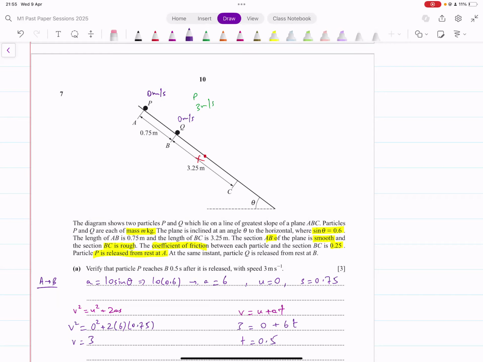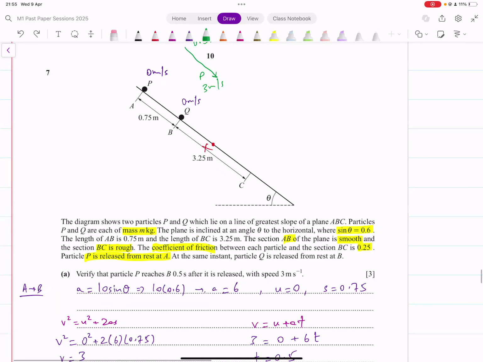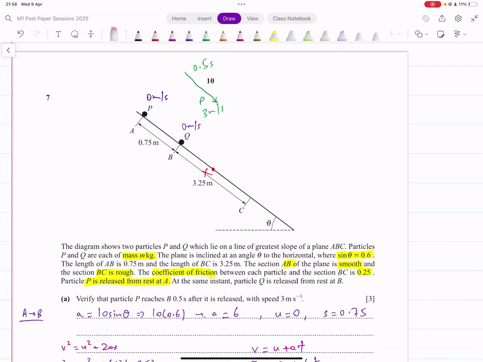Now, P has already taken 0.5 seconds to travel to this point. He has already reached this point in 0.5 seconds. But remember, the two particles were released at the same instant. At the same instant, particle Q was also released. Both the particles were released at the same instant. So when P reaches this point X, Q would have already moved some distance down the plane, right?